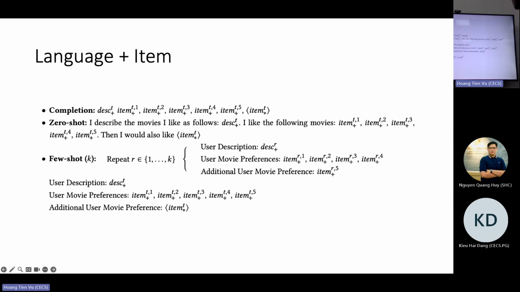So the repeat they want to claim maybe means the number of users they use to produce a training dataset, or maybe the same dataset, but it will make more sense.